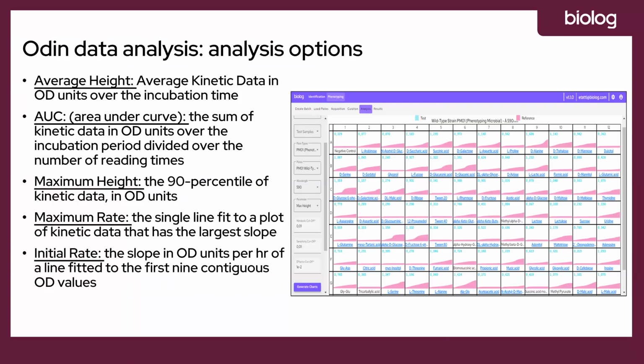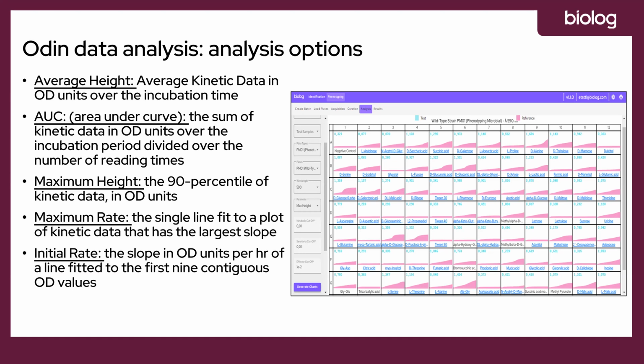In terms of data analysis, there are many different ways that the data could be analyzed. But here's a comprehensive list of the parameters that can be calculated from your kinetic analysis. We can assess the average height or average Y value of the ODs over the course of the assay. We can assess the area under the curve, which is just the sum of those kinetic data over the time of the experiment.